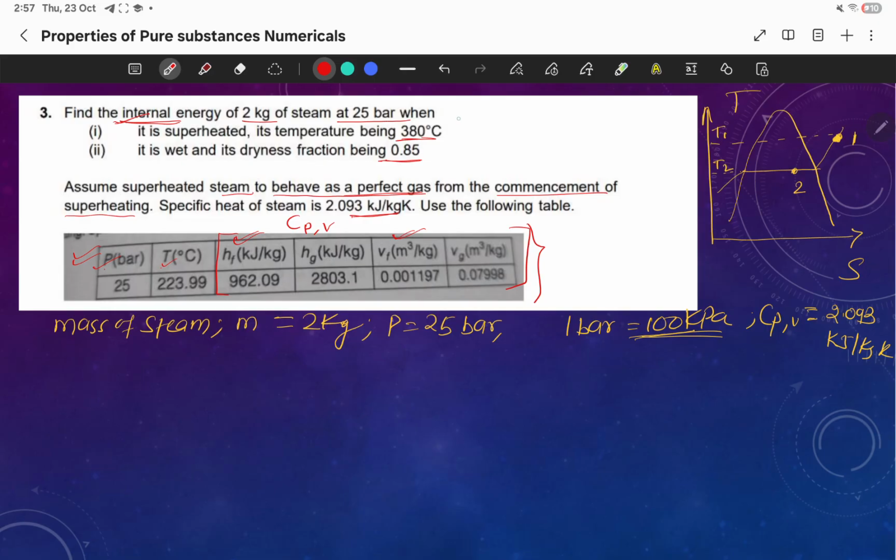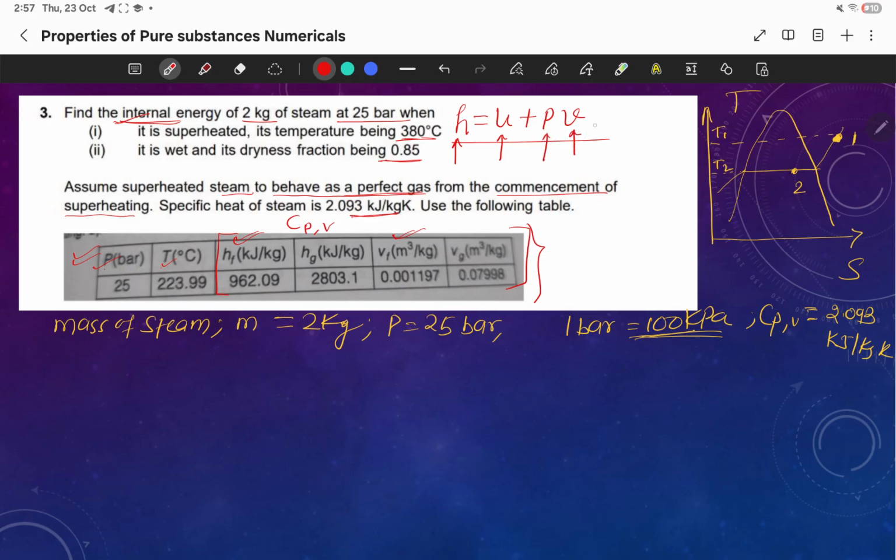So yes, we have one relation that is defined as H equals U plus PV, where H is specific enthalpy, U is specific internal energy, P is pressure, and V is specific volume.